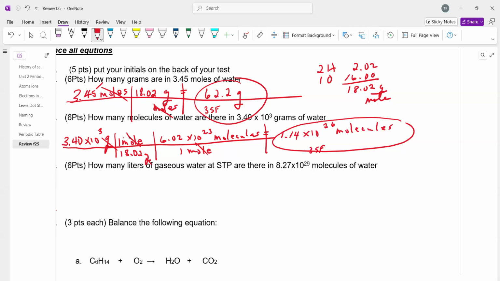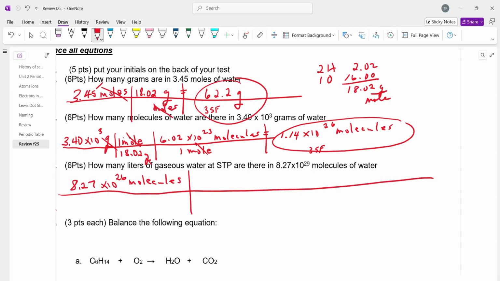Well, given is 8.27 times 10 to the 29th. Okay, so we need to get to moles, and then from moles, we can get to liters.